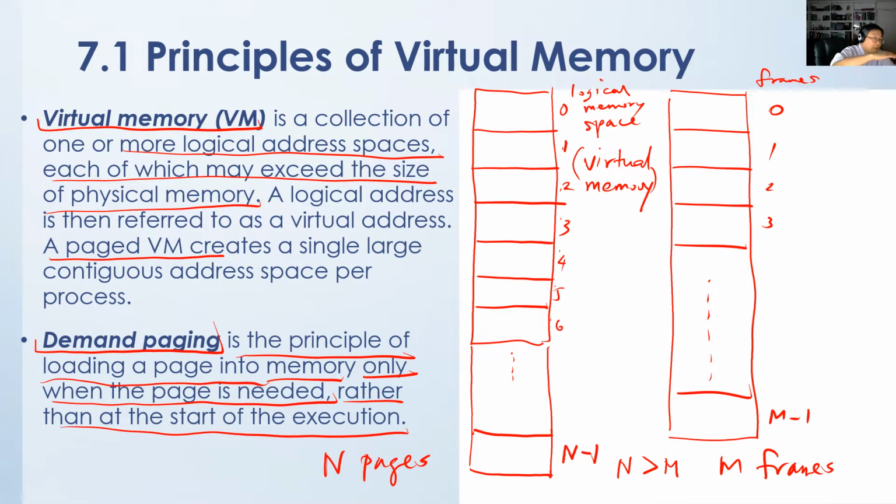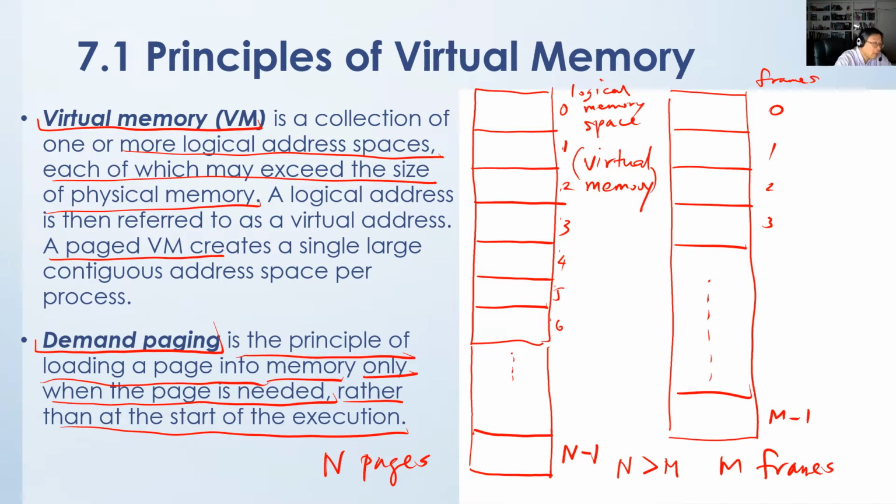The main program may only require, for example, 3 pages. So we first load 3 pages into the physical memory and start to execute the instructions in these pages. Then during the execution, when these instructions try to refer to memory, that is, instructions located in other pages, we load the other pages.